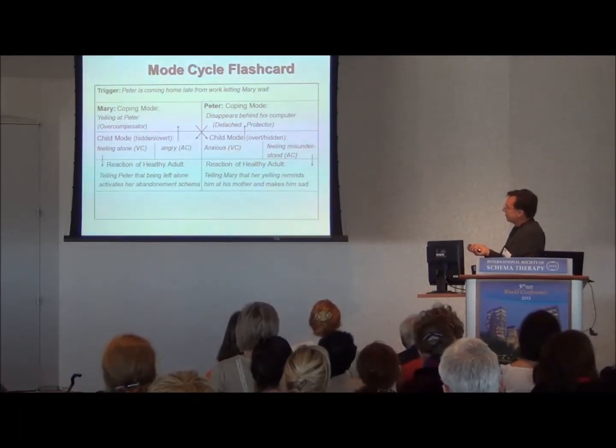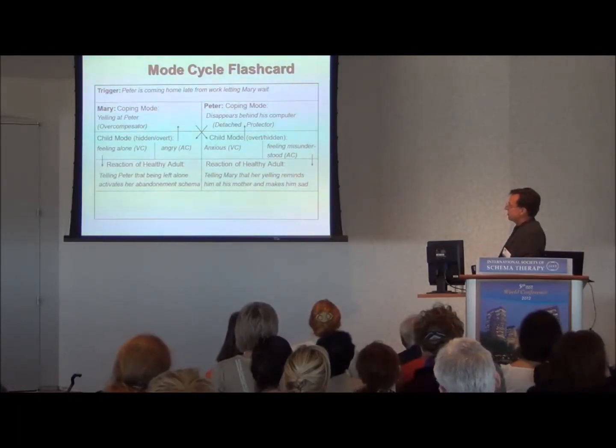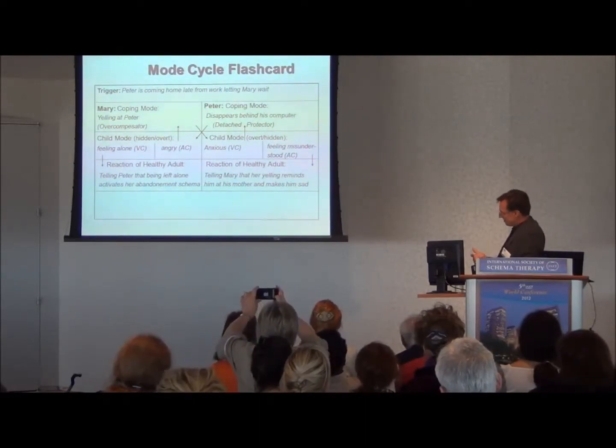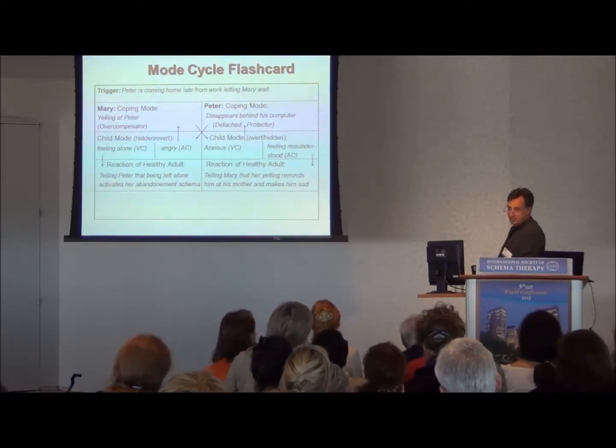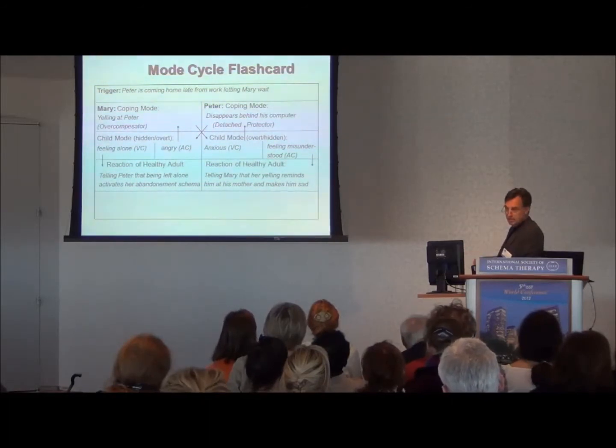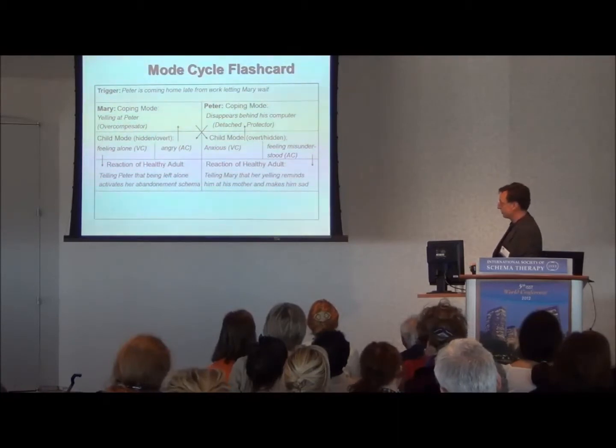He needs this anger power to stand up towards Mary and tell her that her yelling reminds him of his mother, and this makes him sad. But he needs to be empowered to do so. If he's only in touch with his anxiety, he won't be able to stand up against Mary. He will detach. So he needs the anger to approach her.